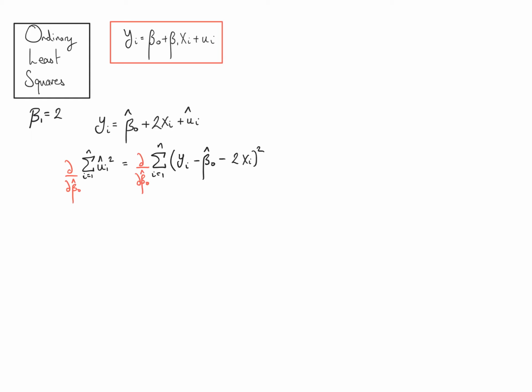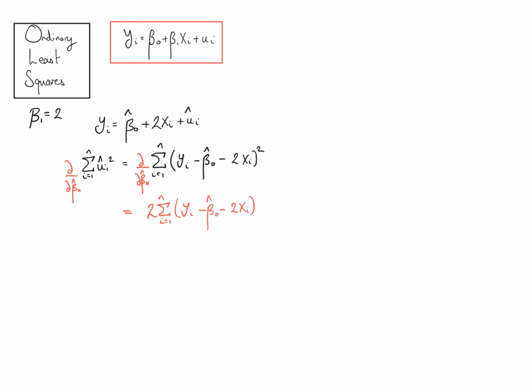We do exactly the same thing as we did before. We take the 2 down the front, we lower the power by 1, and then we multiply by the derivative of what's inside the brackets with relation to beta naught hat. So this is going to be equal to 2 times the sum from i equals 1 to n of (yi minus beta naught hat minus 2xi).